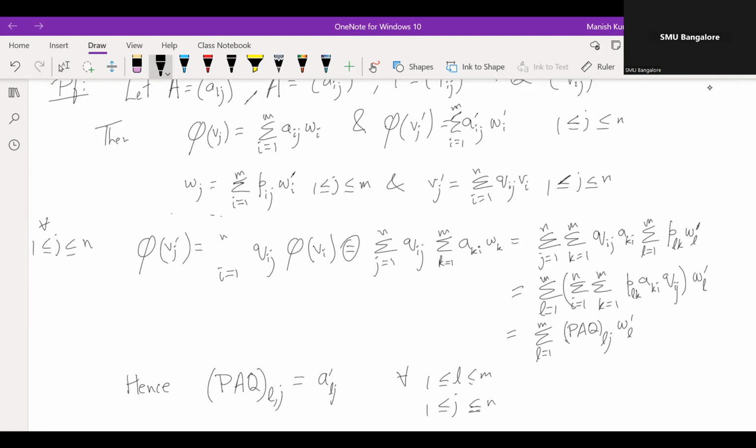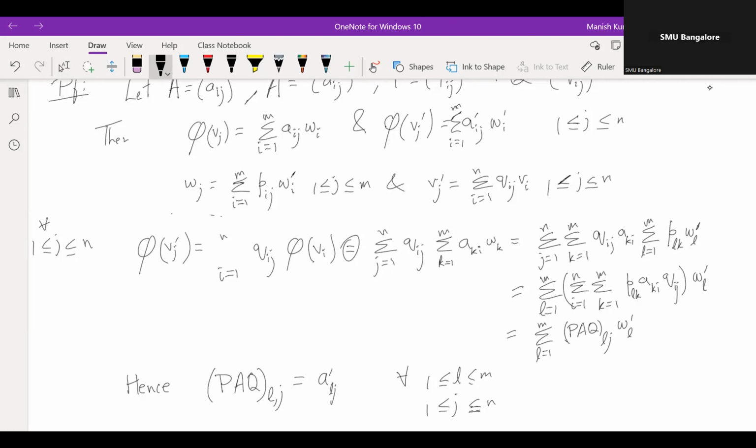If you want to compute the ljth entry of this product of these three matrices, you can check that this is precisely this double summation, times wl prime. But we know that wj prime is summation aij prime wi prime. So that tells you that this PAQ lj is precisely the ljth entry of A prime.